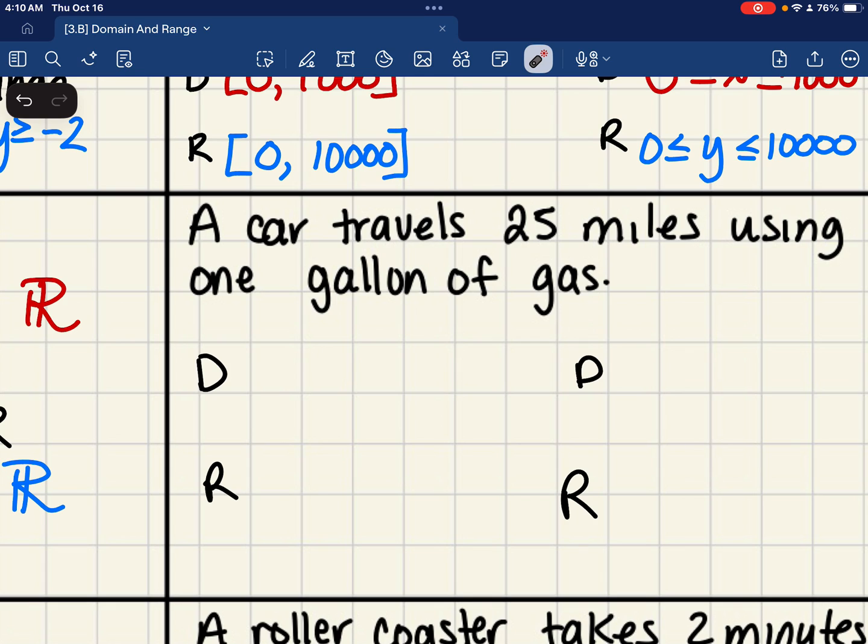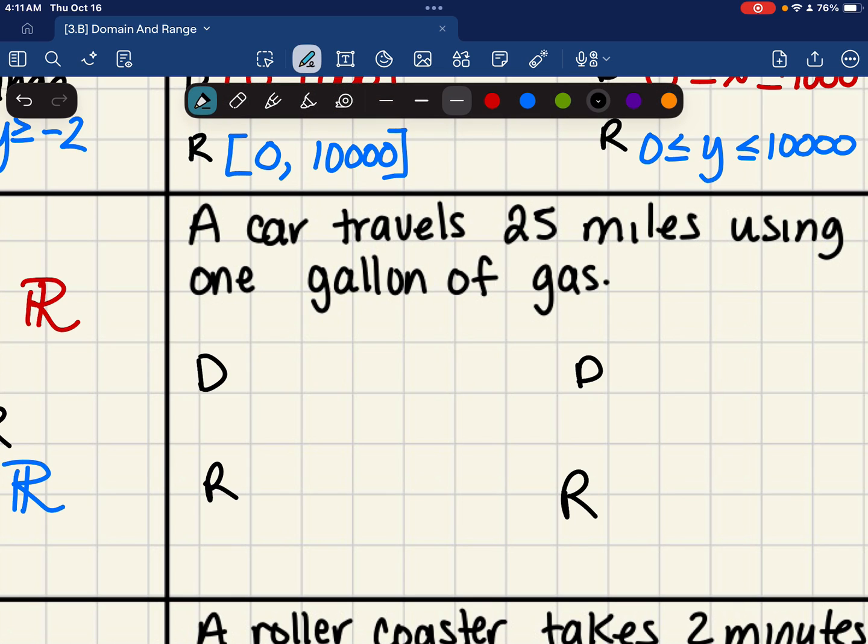Like the amount of gas that you have really determines how far you can drive, right? You can't just suddenly drive, I don't know, 200 miles on a single gallon. You would run out of gas and then you'd be stalled out. So the thing that determines the other one, the thing that causes the other one, is that 1 gallon.